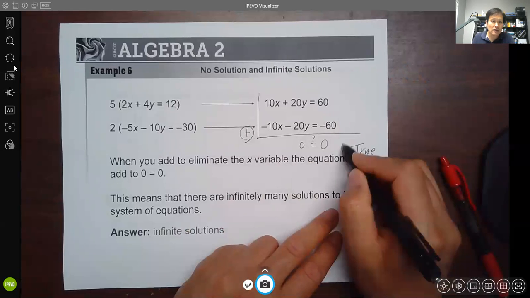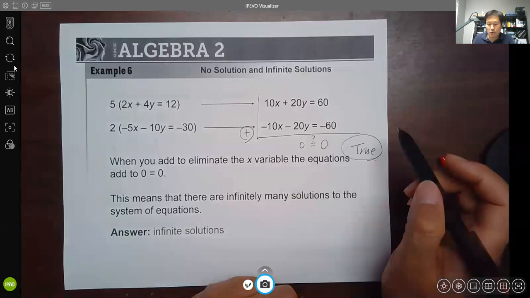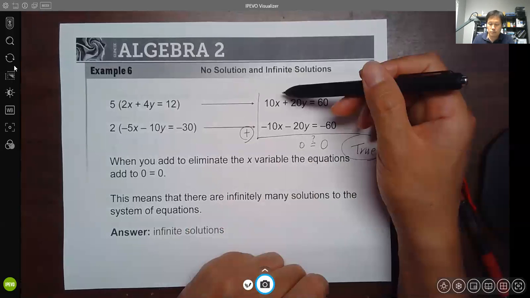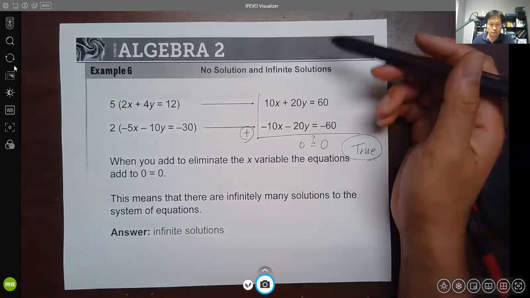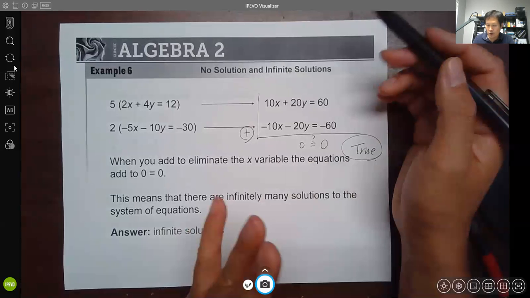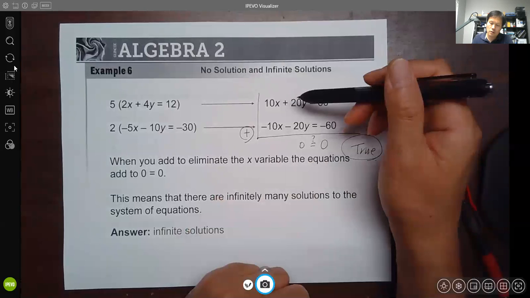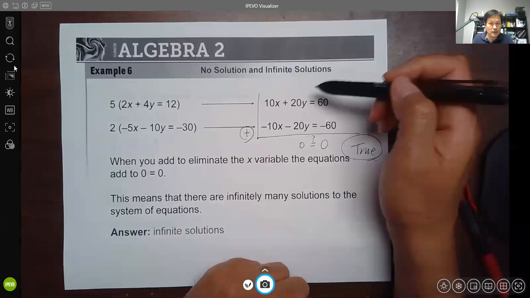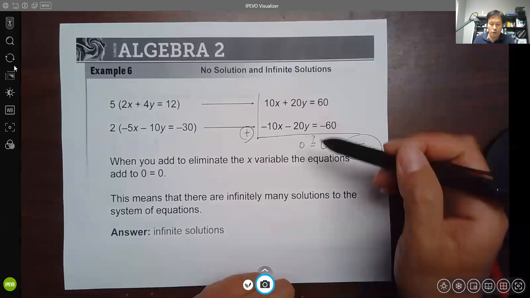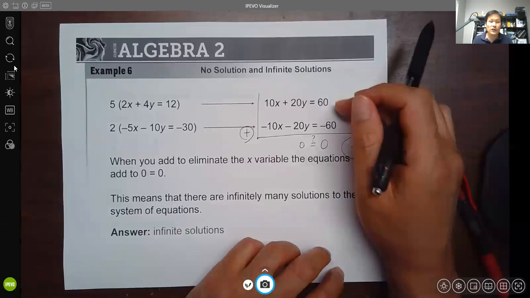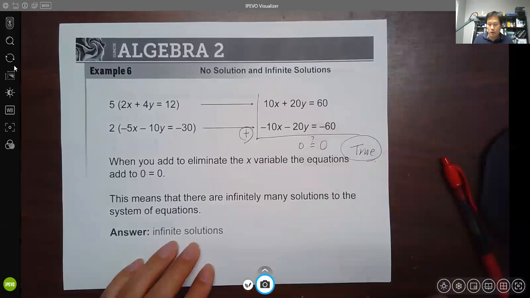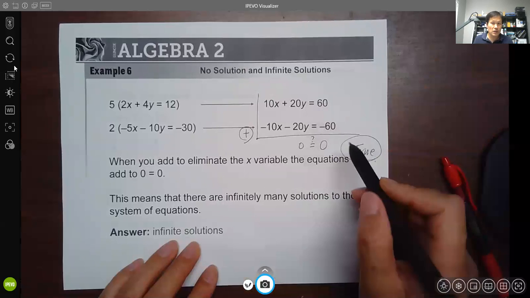What does that mean? That means you can plug in any x value, any y value, whatever you wish, as long as it satisfies one equation, it will satisfy both. So it will be infinitely many solutions. If you get true, it's infinitely many solutions.